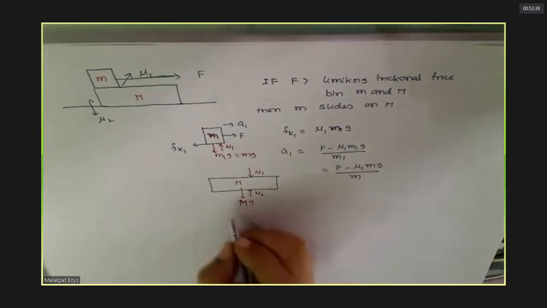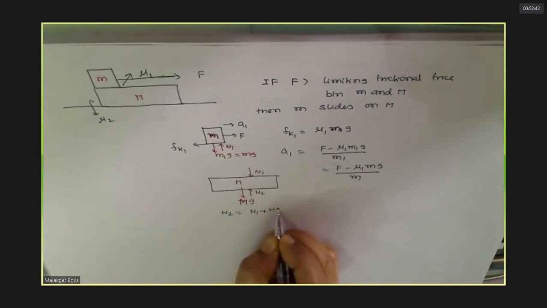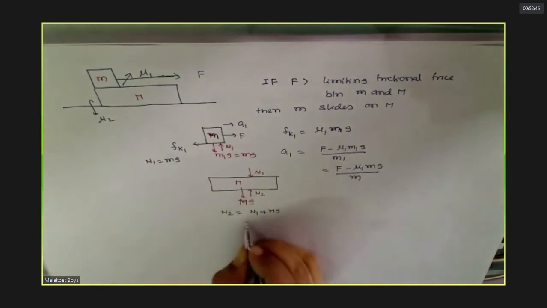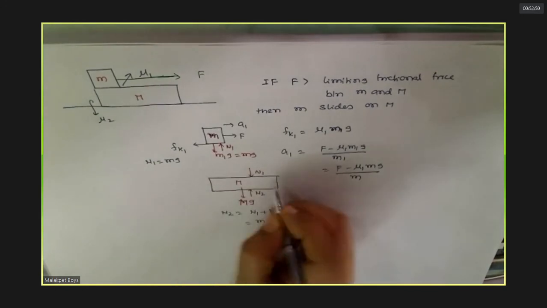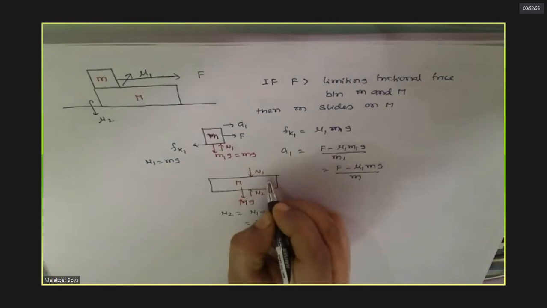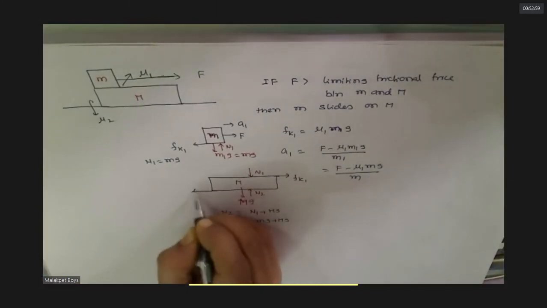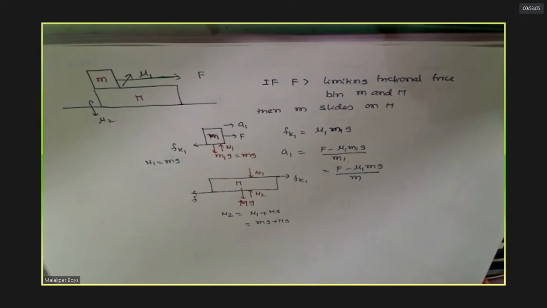Do you agree with that? Now for this you have, so here the situation will be this is FK1, this is friction. Now whether B moves or not is decided by the cases.